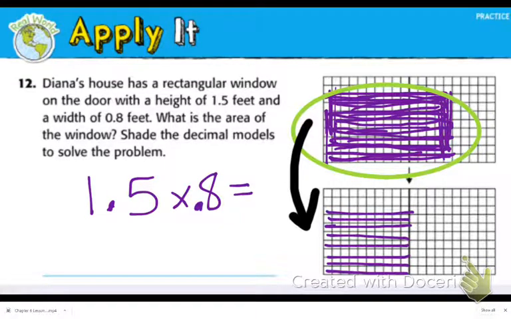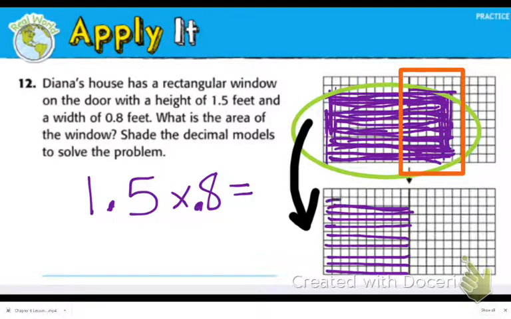Okay, and now I just need to make sure that I include what's left. How much is over here? Well, let's count it up to make it a little bit easier. There's 5 here. So 5, 10, 15, 20, 25, 30, 35, 40.